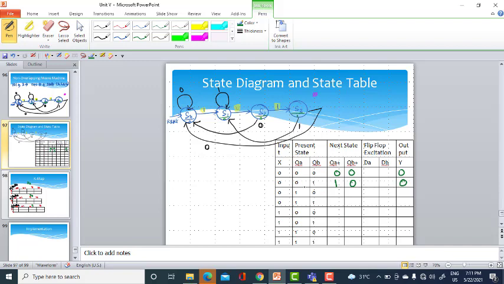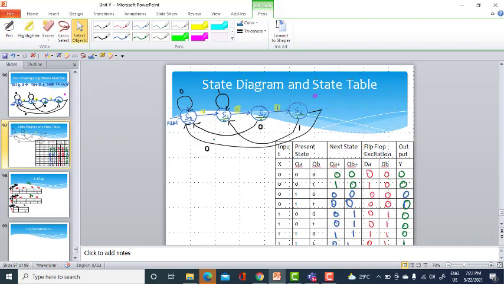Likewise, fill this table along with your output. Output is same as a present state. Present state is 0 1, so output is 0. Like this, fill the table fully. Okay, this is the state table. I have filled the state table. Except when you are in state S3, only when you receive 1 will your output be 1.